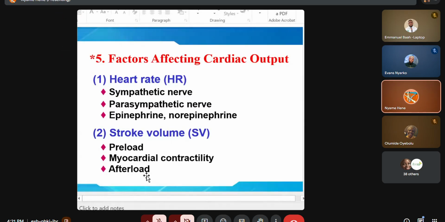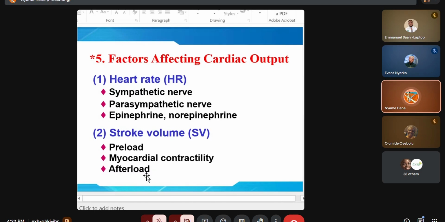The one that is left over becomes the afterload. You understand? So stroke volume will be affected if the preload is lesser.